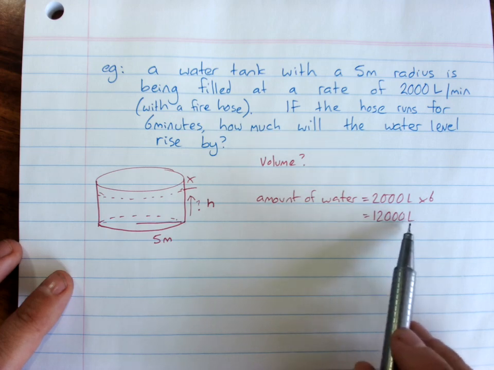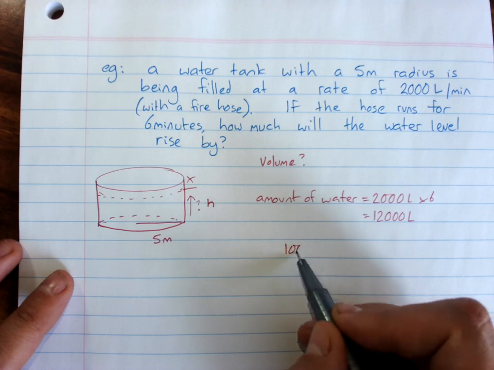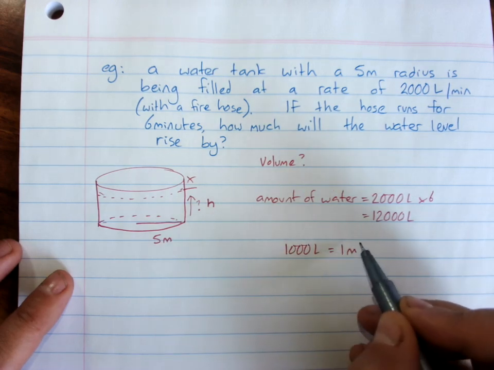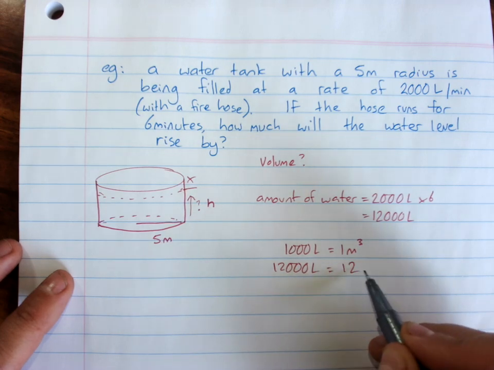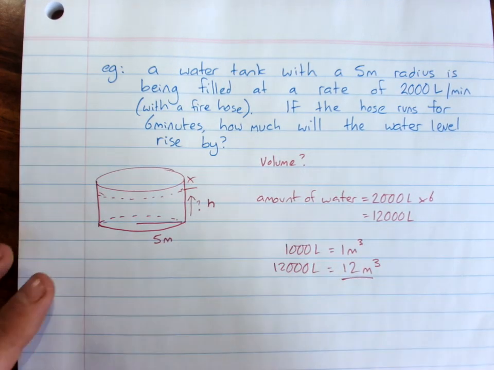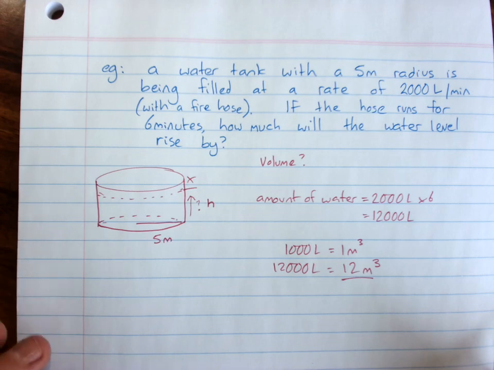Or you might remember that 1,000 litres is 1 cubic metre. So 12,000 litres is 12 metres cubed. So all of a sudden I've got the volume of water that went in.